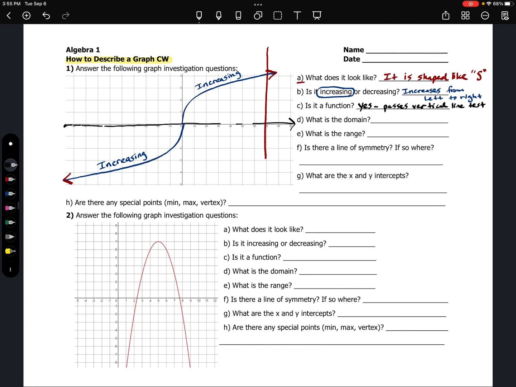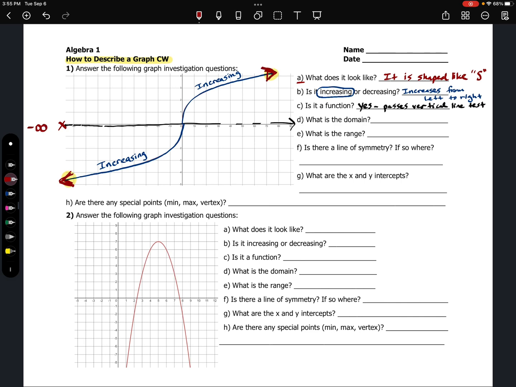Okay, what is the domain? Well, with the domain, remember we got to focus on the fact that I made you draw those arrows on the ends of this. So, let me just move out this line so it's not in the way. If we're going to go to the left forever, remember domain, we're talking about our x-axis, all the x coordinates. If it's going to the left forever, we know that what we'd get to out there is negative infinity.